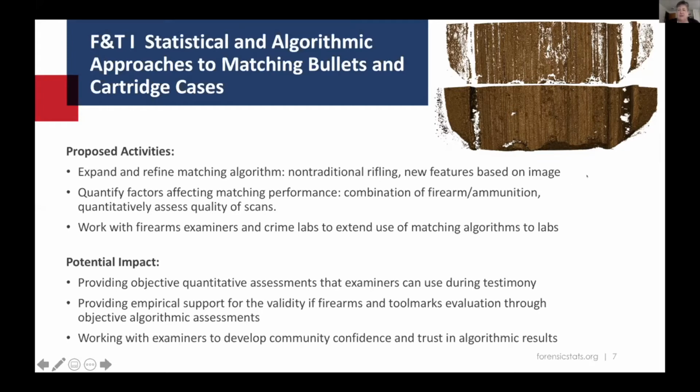If you have a look at those two scans in the top right of the image, these are two scans made of the same land. It's the same land engraved area, the same bullet, just taken at different points in time, using here actually a different lighting set.